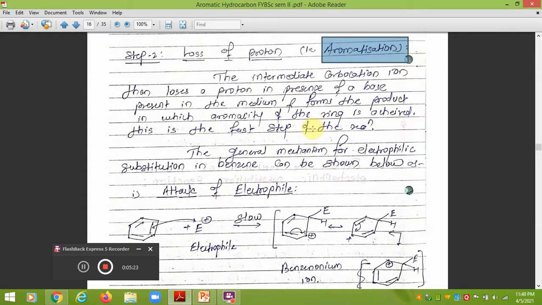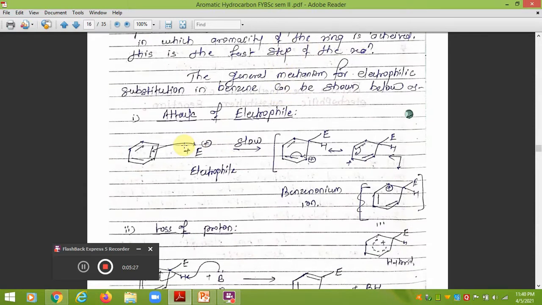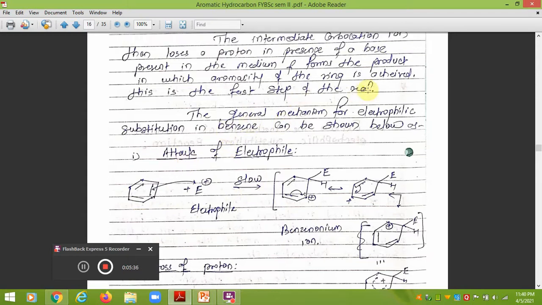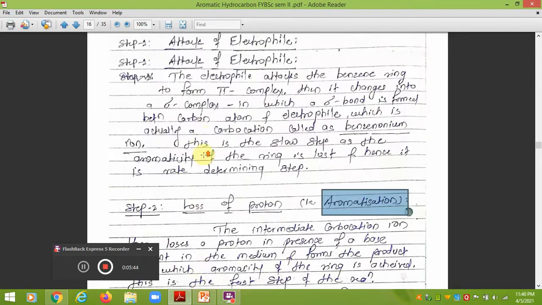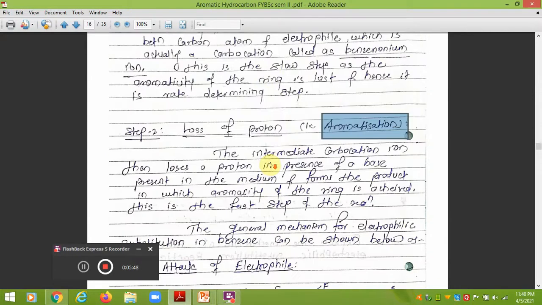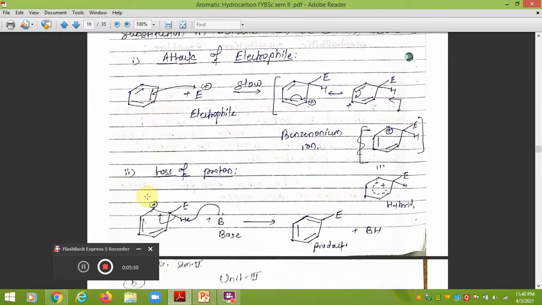Here, the intermediate carbocation loses its proton in the presence of a base which is formed in the same reaction, and in this step the aromatic character of the ring is achieved. This is the second step of the reaction, while the earlier one, the attack of electrophile, was the slow step of the reaction. So here I can show you the first step, the attack of the electrophile.